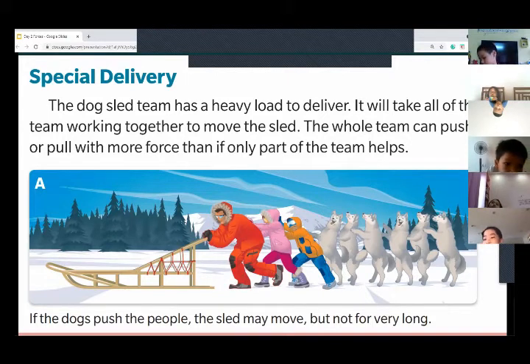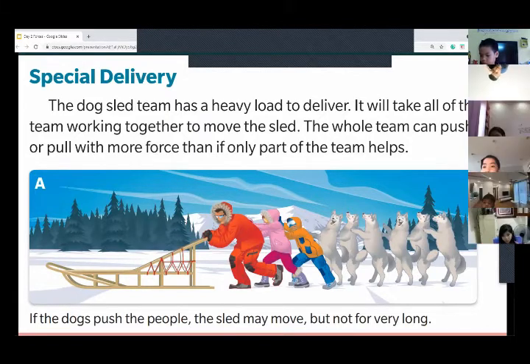The dog sled team has a heavy load to deliver. It will take all of the team working together to move the sled. The whole team can push or pull with more force than if only part of the team helps.